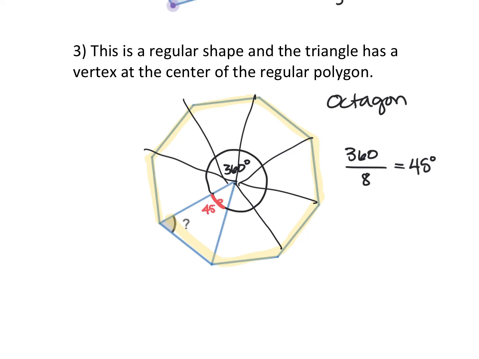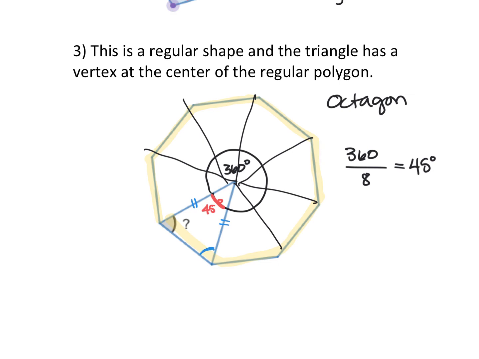So this angle, this red angle right here, is 45 degrees. And because, again, this is a regular shape, I actually get to know that this side and this side are equal, because they're both just the same distance from the center to one of the vertices. And so this is an isosceles triangle. If this is an isosceles triangle, then, voila, I can say that this angle and this angle are equal.